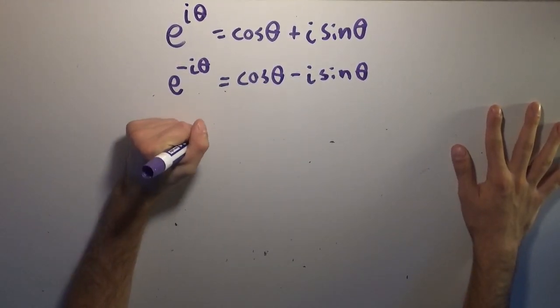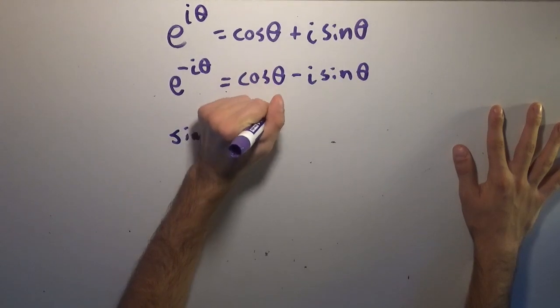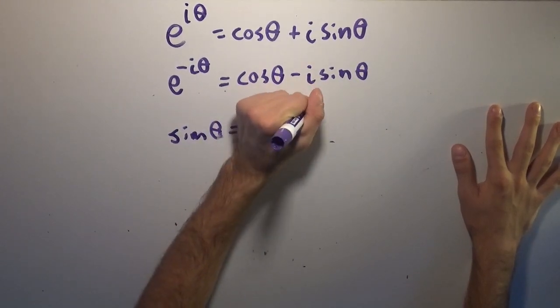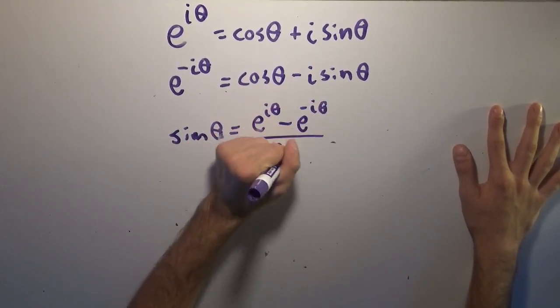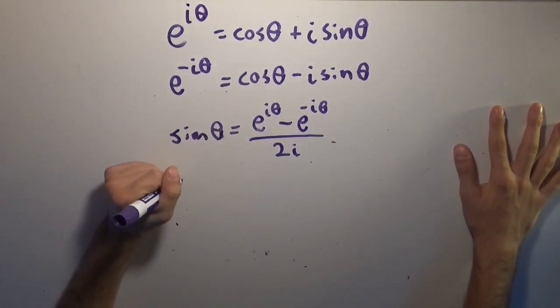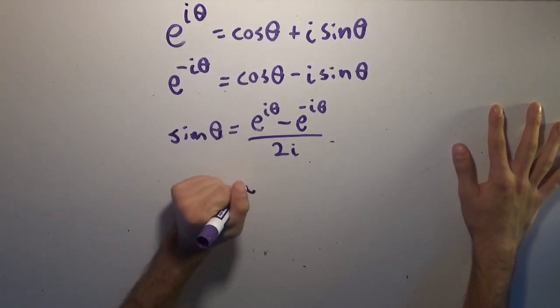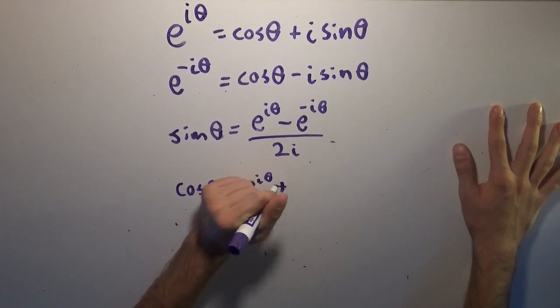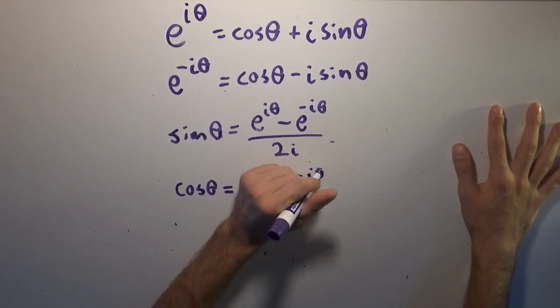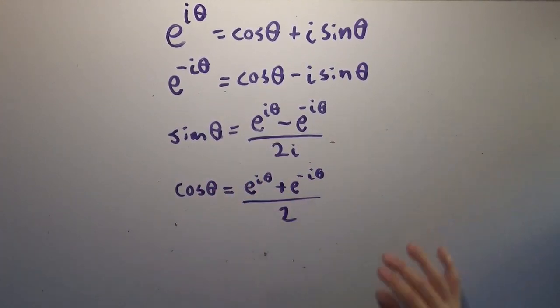So sine of theta is equal to e to the i theta minus e to the negative i theta divided by 2i, and cosine of theta is equal to e to the i theta plus e to the negative i theta divided by 2. That's what we were able to show.